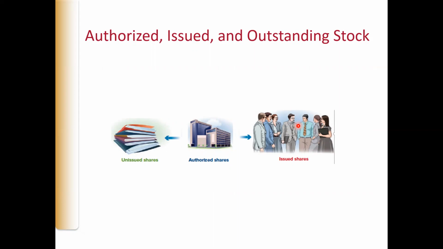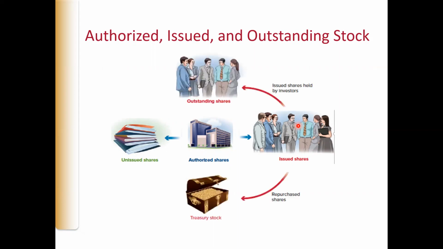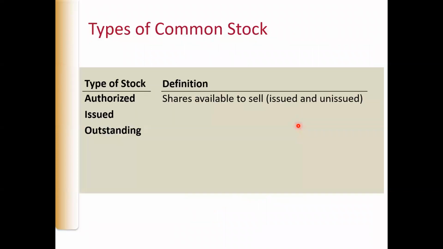It can be issued and outstanding. Authorized stock is what's available to sell, and that authorized stock can be issued and unissued. It's the entire amount of stock that is allowed to be sold for the corporation. This is determined at the onset.